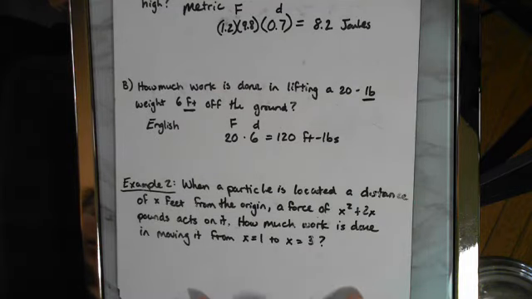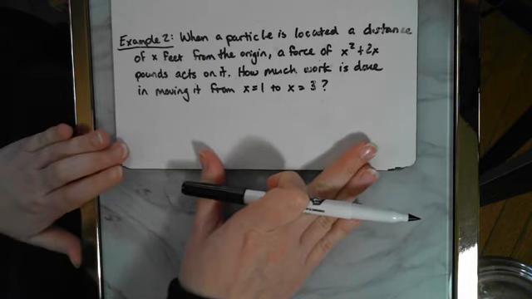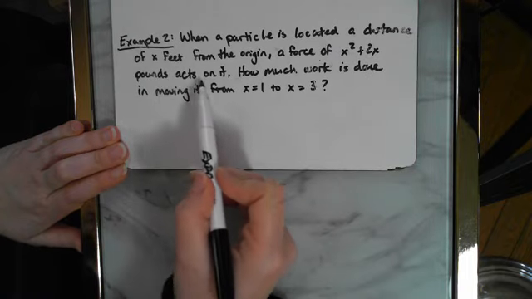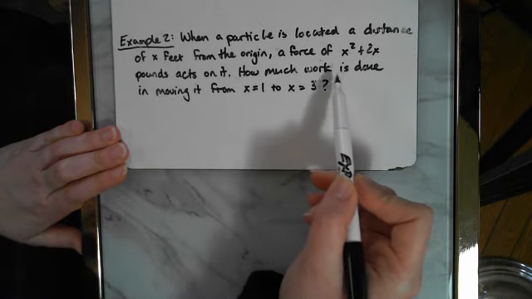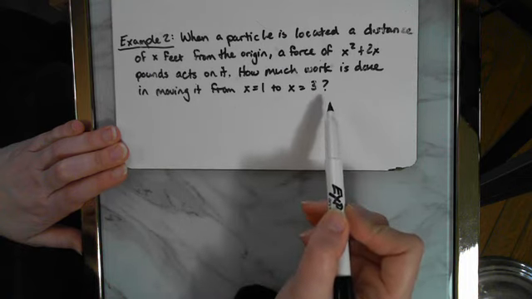Example 2 says, when a particle is located a distance of x feet from the origin, a force of x squared plus 2x pounds acts on it. How much work is done in moving it from x equals 1 to x equals 3?